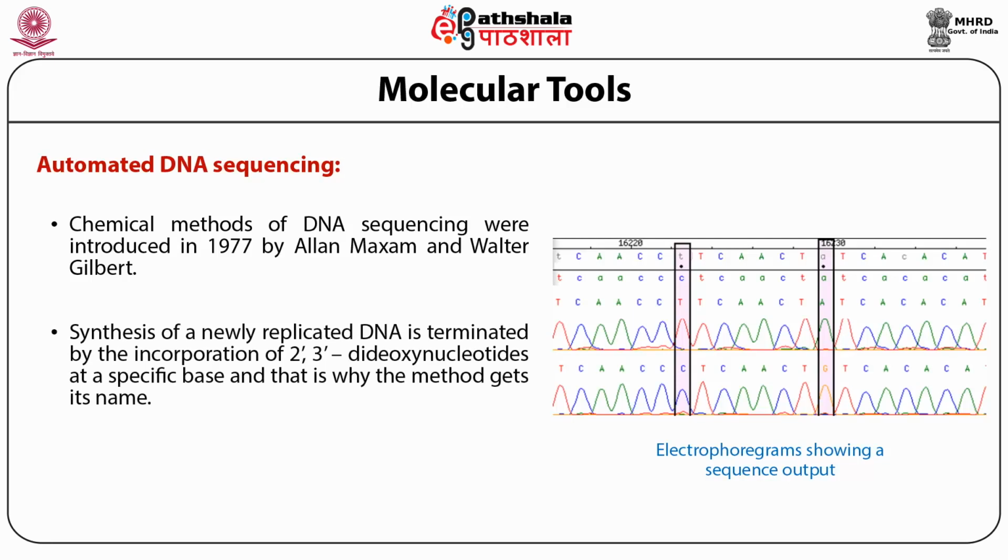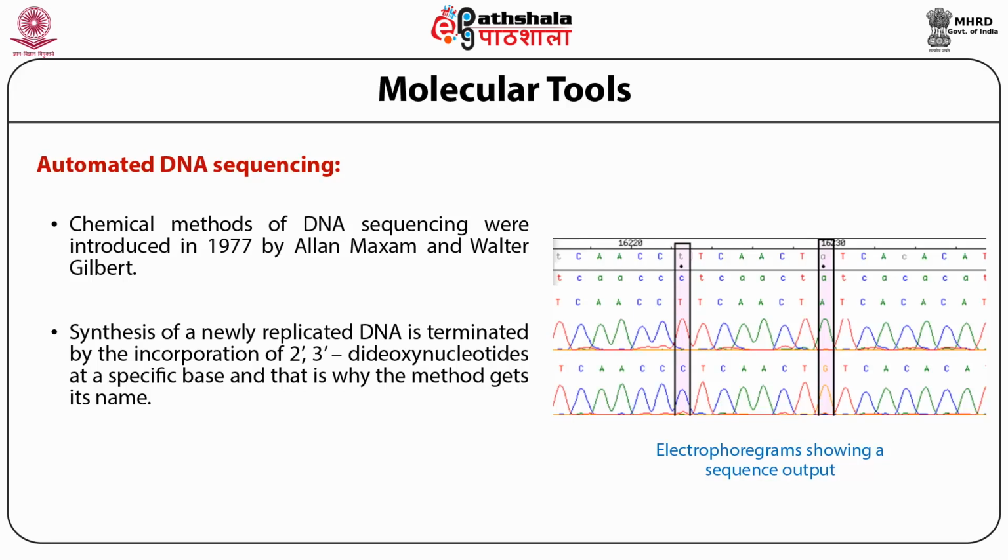Synthesis of a newly replicated DNA is terminated by the incorporation of 2',3'-dideoxynucleotides as a specific base, and that is why the method gets its name. This method had advantages over the chemical methods and thus was automated to cut down on the labor involved.